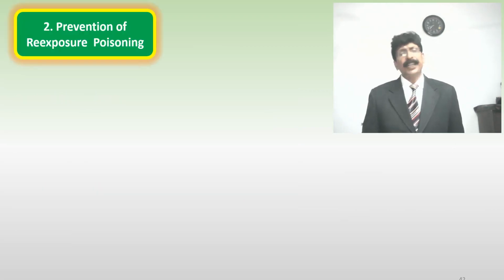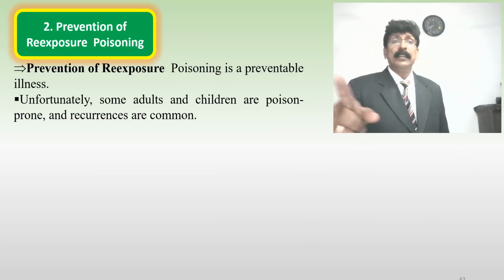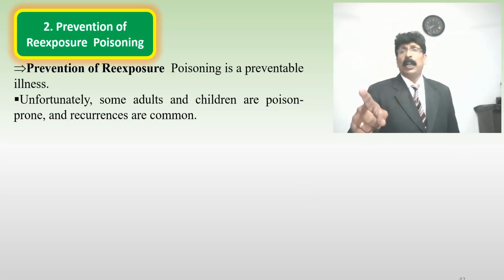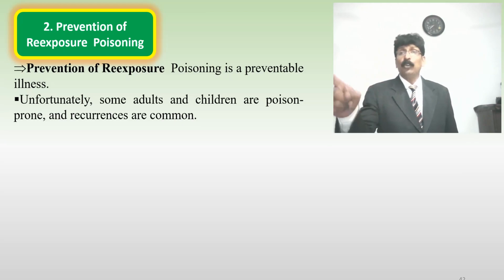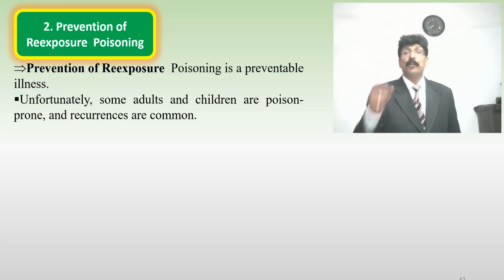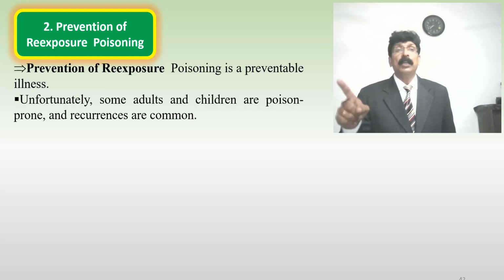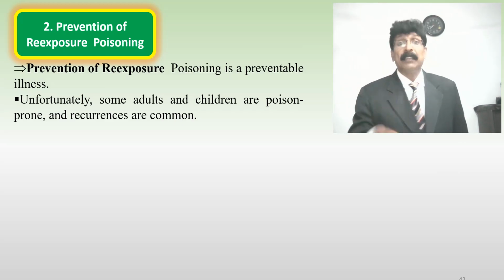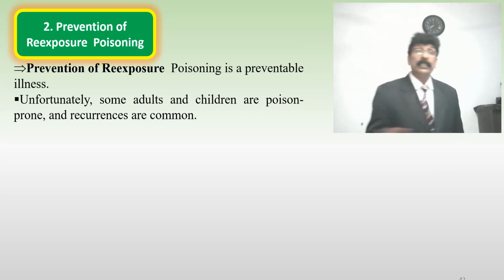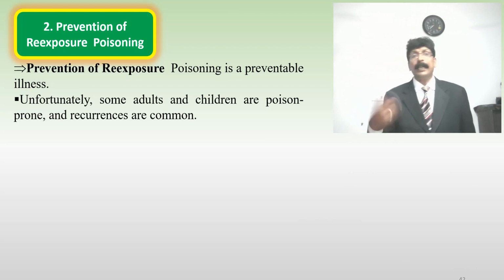Prevention of re-exposure of poisoning, very important: advising the person not to go to the place again. Poisoning is a preventable illness, and unfortunately some adults or children are poison prone and it is recurrent or common.